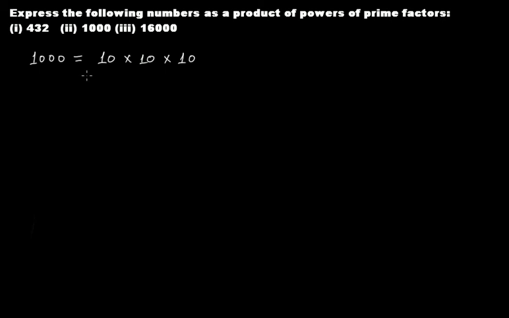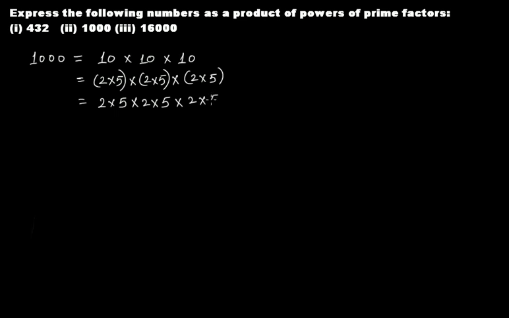This much is clear. Now each 10 can be written as 2 into 5. Then this one also 2 into 5. Then this one also 2 into 5. Now this is actually what? 2 into 5 into 2 into 5 into 2 into 5.